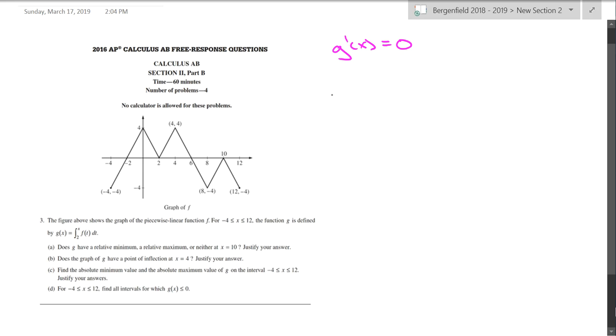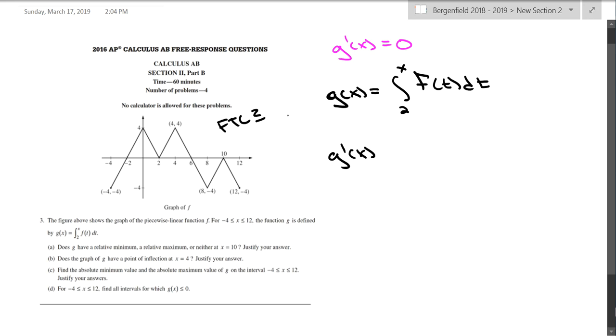So we know that g of x is equal to the integral from 2 to x of f of t dt. So g prime of x, what's the big idea? FTC2.